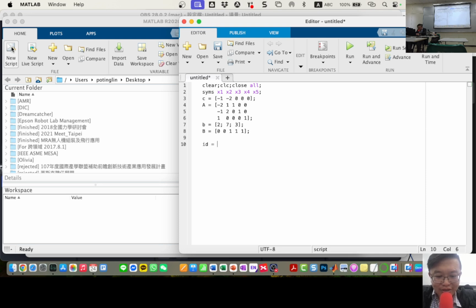ID non-basic, ID basic. B equals 1. Does it work?